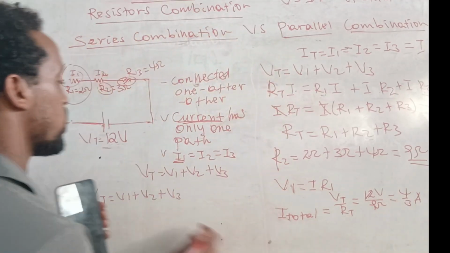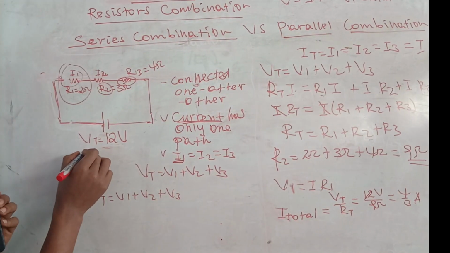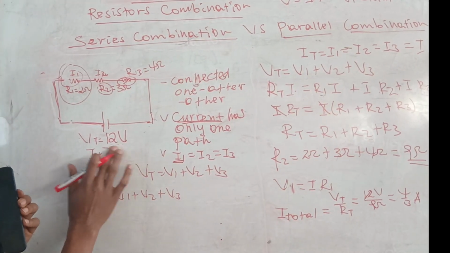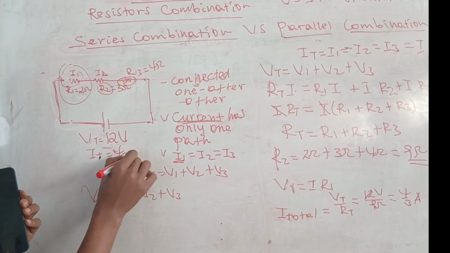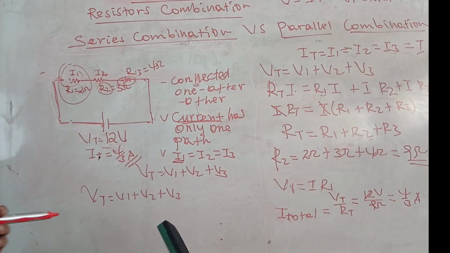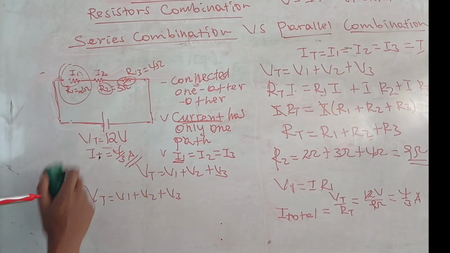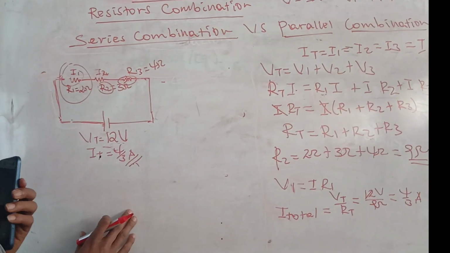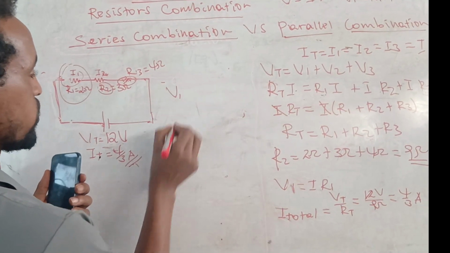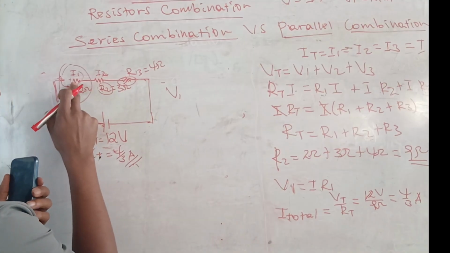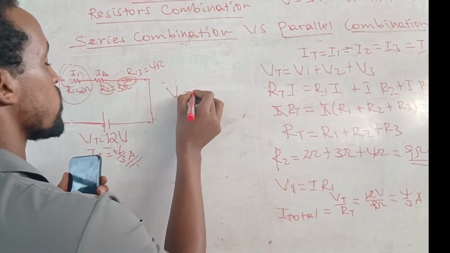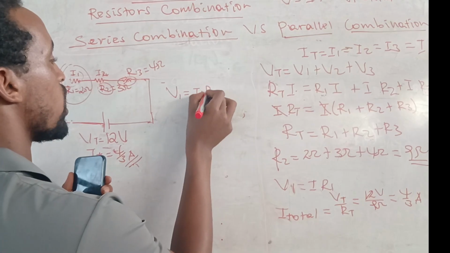This amount of current comes from the battery. So the I total that comes from the battery is 4 over 3 ampere. The voltage that passes through the first resistor is equal to I1 times R1.